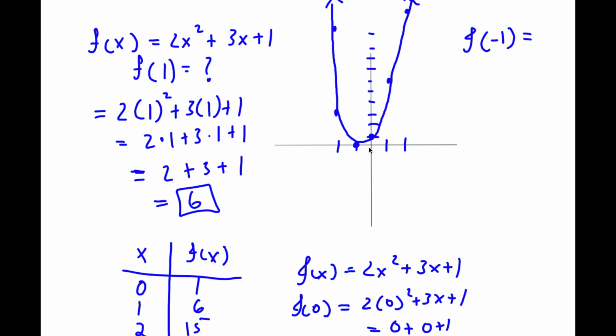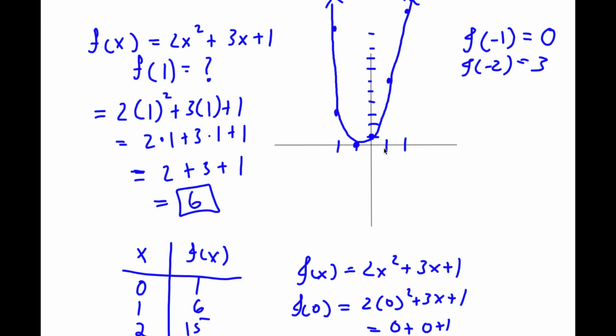Well, we would go to -1, which in this case is here, and what is our y value? 0, right? So f of -1 would be 0. Now, if we want to find f of -2, we go over to -2, and then we find our y value for -2, which is 3. So f of -2 is 3.